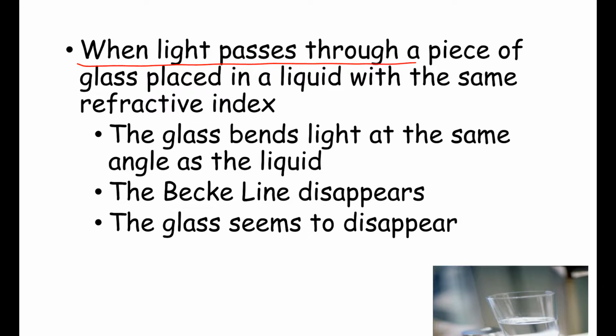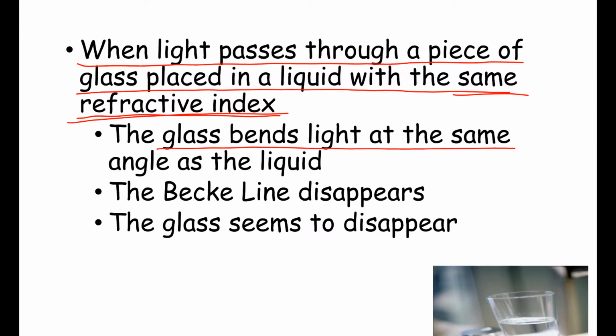Pretty much all of this is important, really. When light passes through a piece of glass in a liquid with the same refractive index, keyword here being same refractive index, this is what's going to happen. The glass is going to bend the light at the same angle as the liquid. The Becke line will disappear and the glass appears to disappear. Okay?